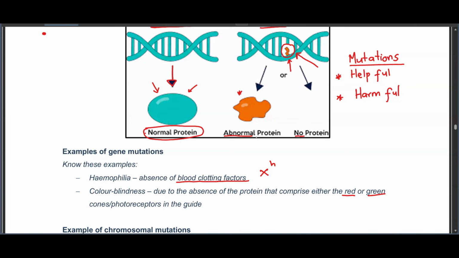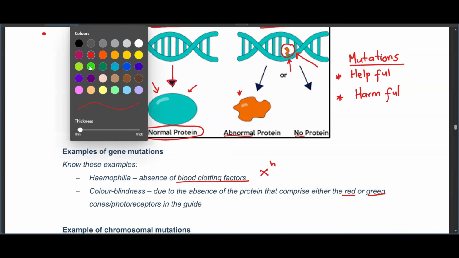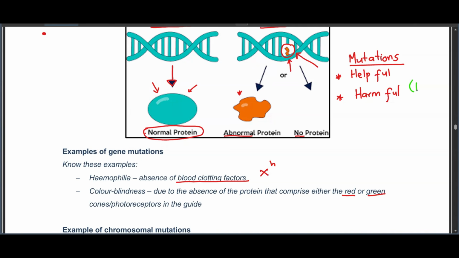All right. So mutations can be helpful, but mutations can also be harmful. Usually the mutations that are harmful, we call them lethal mutations. We use the term lethal mutations because these ones can produce proteins that are harmful for your body.